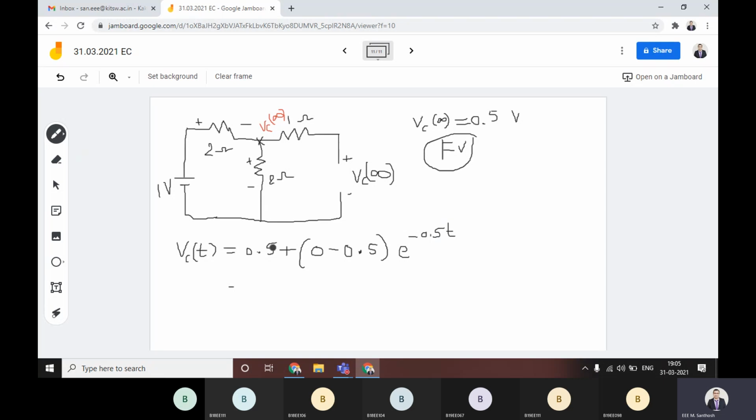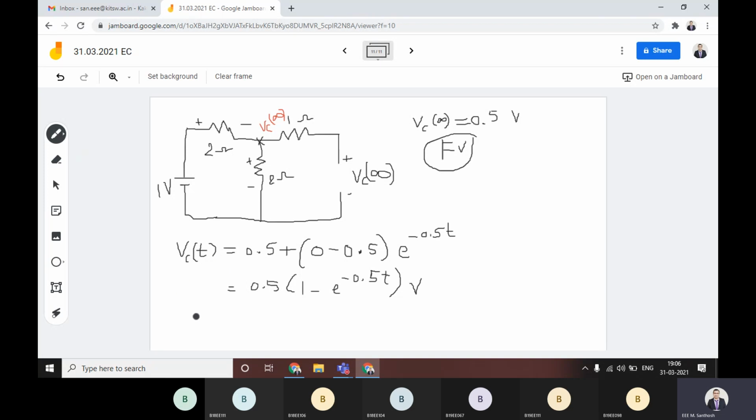Then you can take 0.5 out as common, then you will have 0.5 into 1 minus e power minus 0.5 into t. This many volts will be the Vc of t.